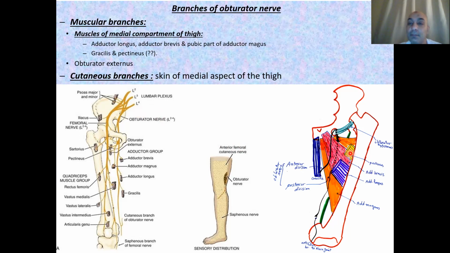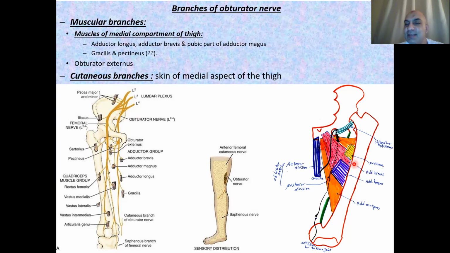pectineus. About this pectineus, I told you before, this muscle is supplied also by the femoral nerve. There are some studies stating that it is supplied by femoral, some studies stating that it is supplied by obturator, and other studies stating that it is supplied by both nerves, femoral and obturator.